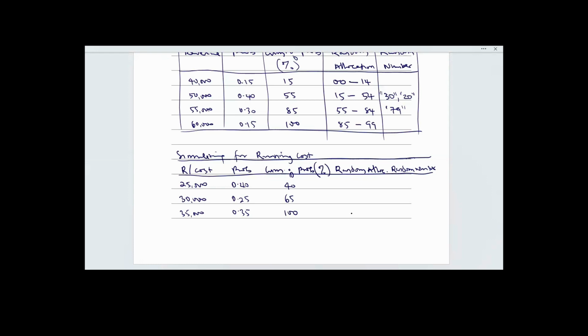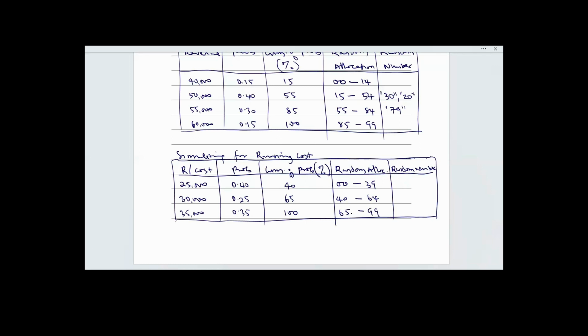Random allocation. We are starting from 0, 0 to 39, since 1 minus 40 gives us 39. After 39 is 40 to 64, then 65 to 99.